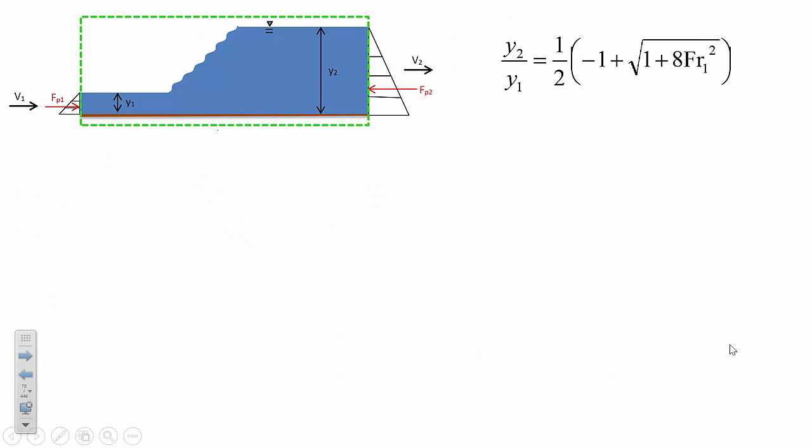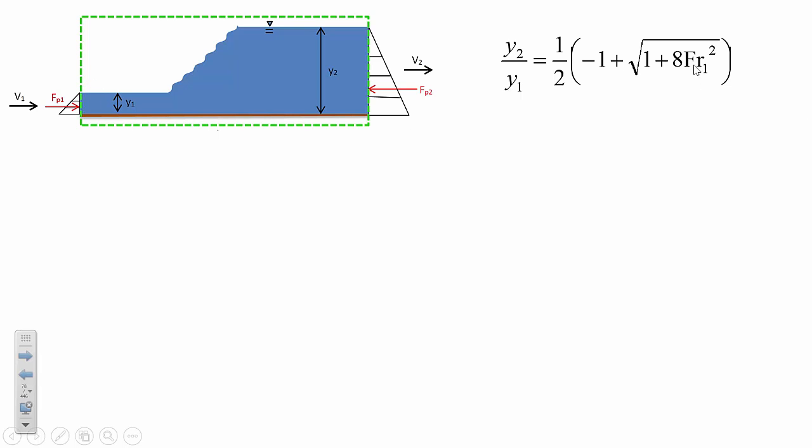All right, so last time what we saw was the Belanger momentum equation, which predicts the downstream depth of a hydraulic jump on the basis of how supercritical the flow is upstream. This Froude number is essentially a representation of how far away from the critical condition you are upstream.